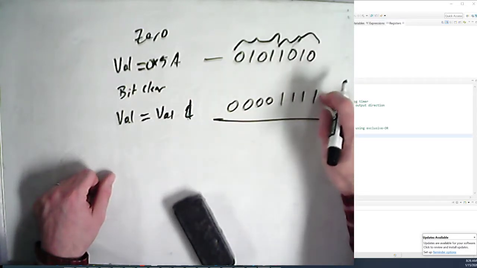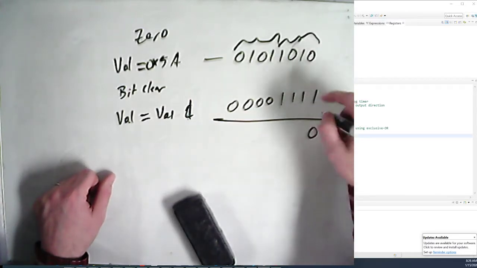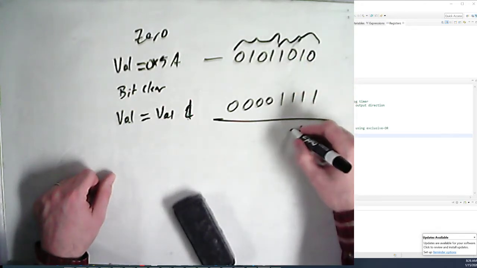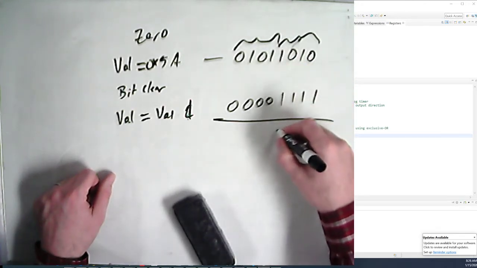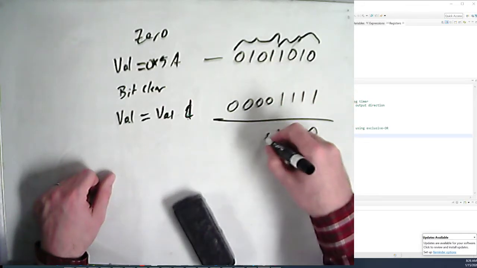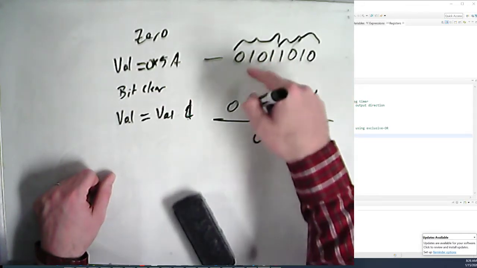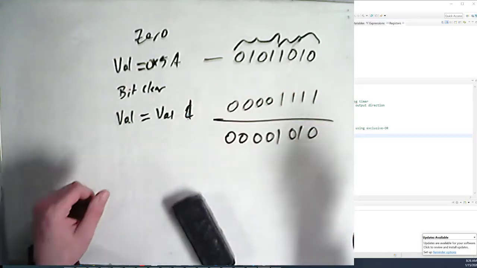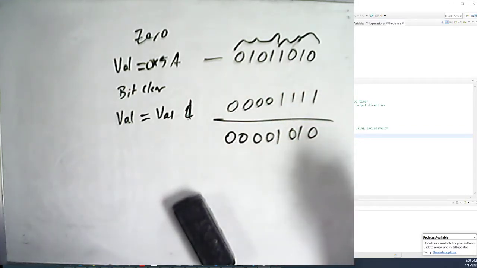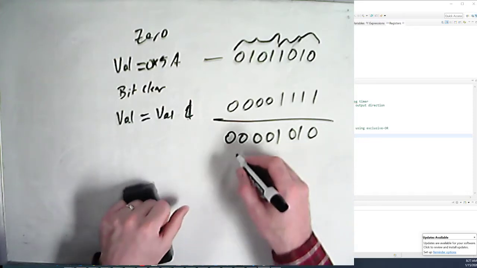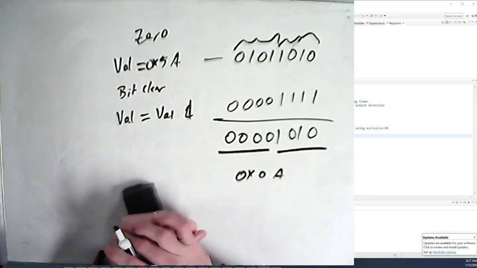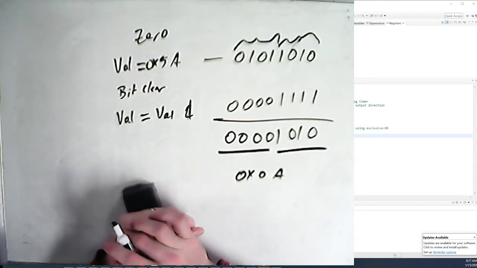So we AND them. 0 and 1, that's still a 0. 1 and 1, that's a 1. 0 and 1, that's a 0. 1 and 1, that's a 1. 1 and 0, 0, 0, and 0. Because all of these are 0, I just cleared these 2 bits, but essentially I cleared all 4. It doesn't matter what they were. And so this is going to give us 0A. And I did it. I cleared the upper 4 bits without messing with any of the other 4 bits.